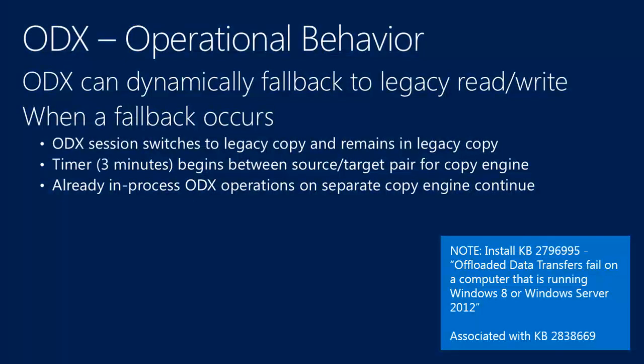So until that timer expires, or until we finish that file copy in that copy engine, it won't generate any more ODX calls. But other copy engines could continue on, right? So if there was something unique to that particular file that caused it to blip, it would fall back to legacy copy, and the others would continue.